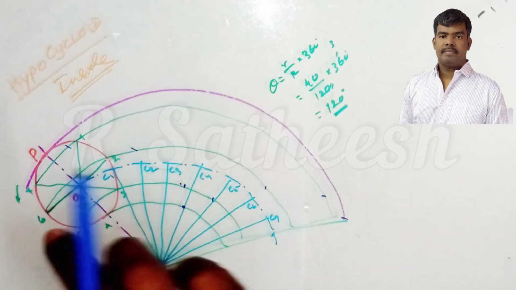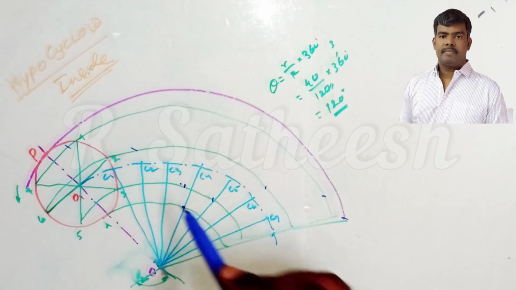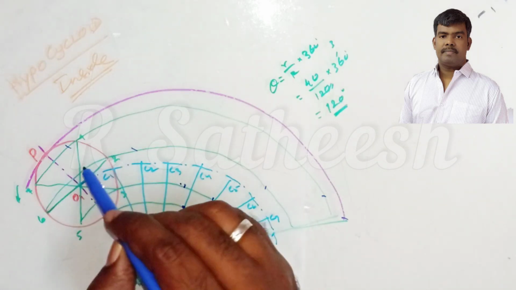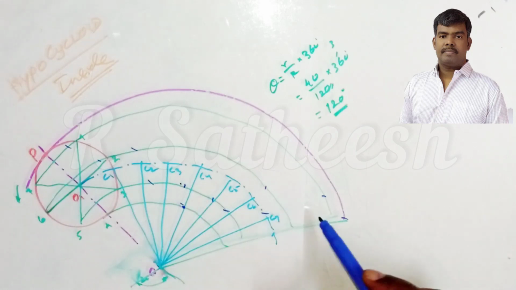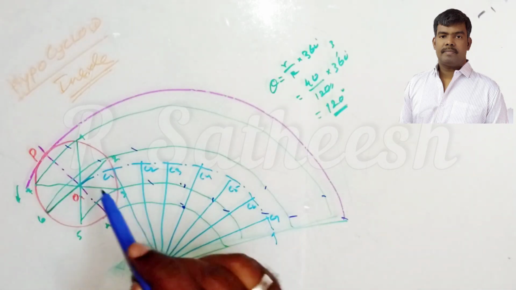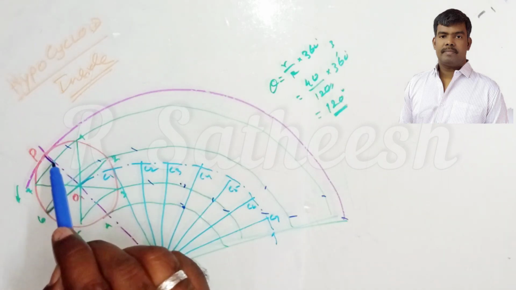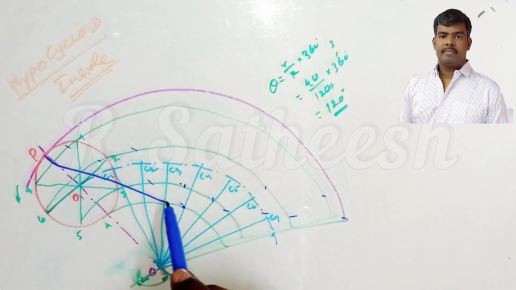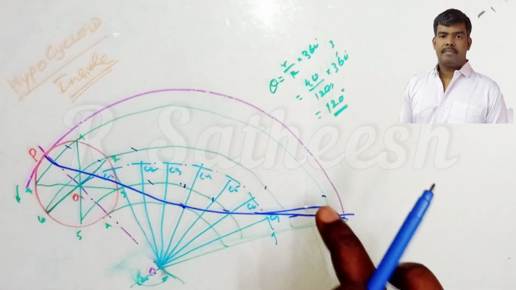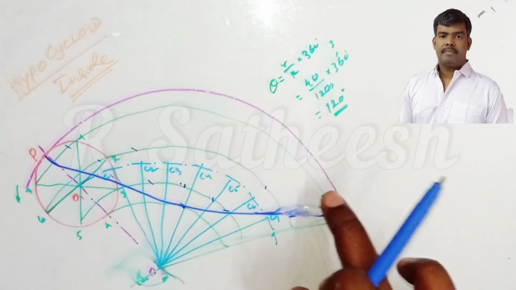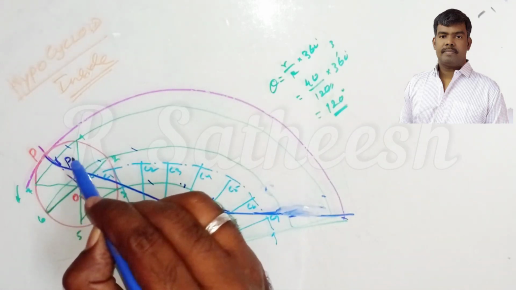Clear? So now, while it rotates, let us consider the marking points like this. You join all the intersection points and we get the curve like this. Clear? Just mark it.